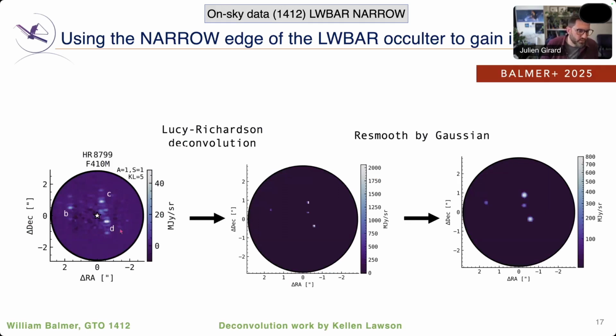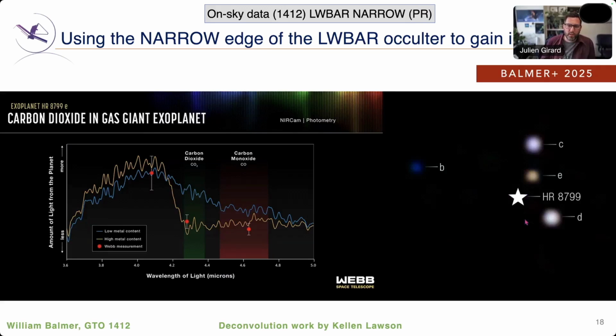It's a bit like a flower or a snowflake. You deconvolve it and you get a dot, and then you reconvolve it with some kind of Gaussian kernel, and you can see this nice image. And doing this at different filters, the outreach team here made this wonderful image, and that's a real image, even though it's been massaged quite a lot.